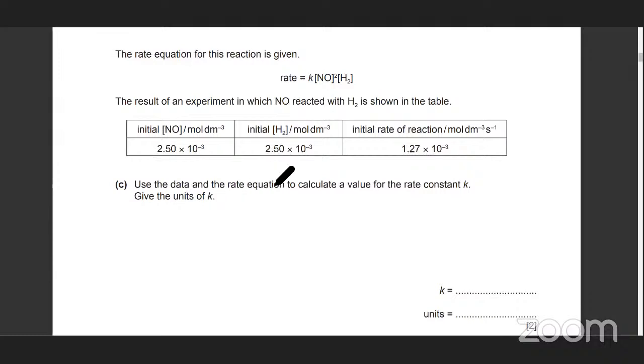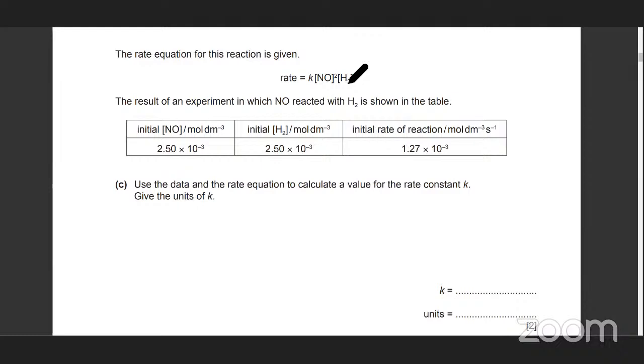Use the data and the rate equation to calculate a value for the rate constant. To calculate this, just substitute these values over here and you'll get K, and you have to find the units of K. So let me just copy this. Rate is equal to K times NO concentration squared times H2 concentration to the power 1.